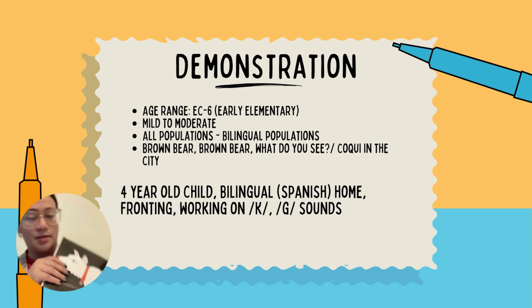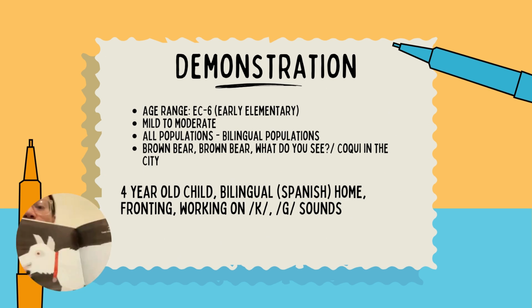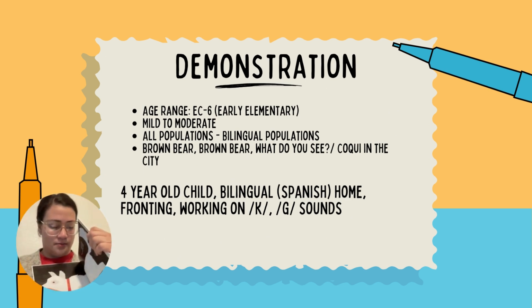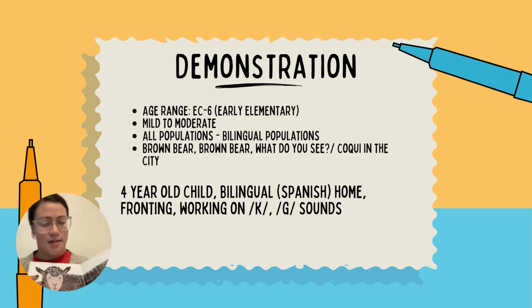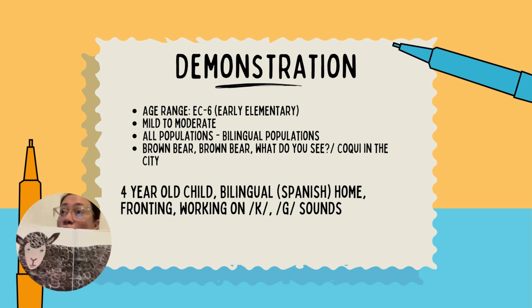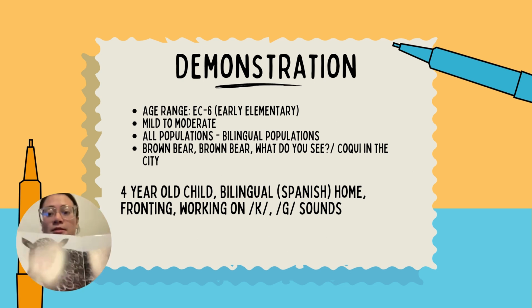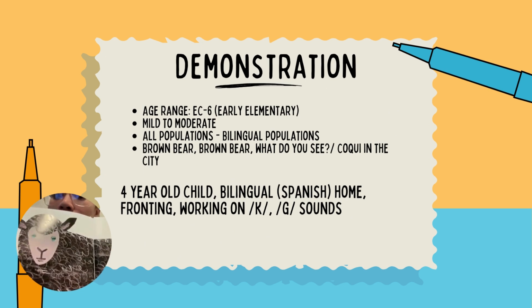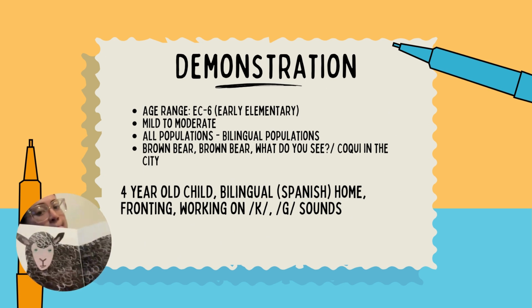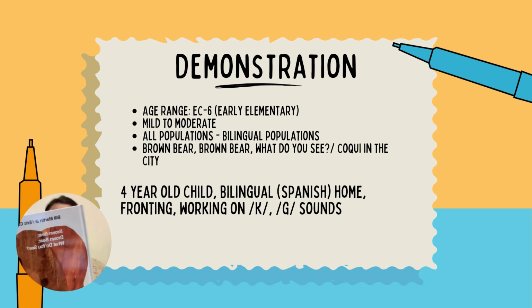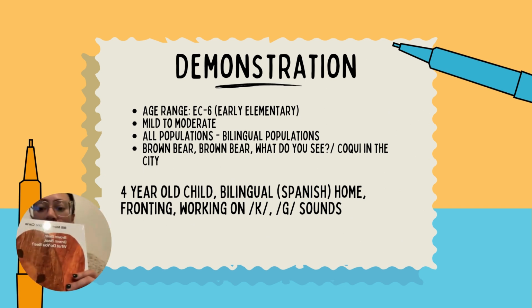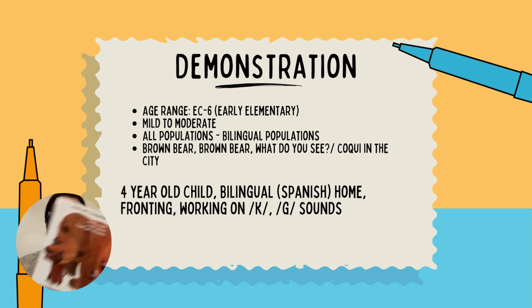You can read the story with them, or if not, just pick out various things to point to. Can you show me the frog? Can you show me the sheep? Is this a goat? No, it's a sheep. So this is a fun book. I feel like it's very easily found.